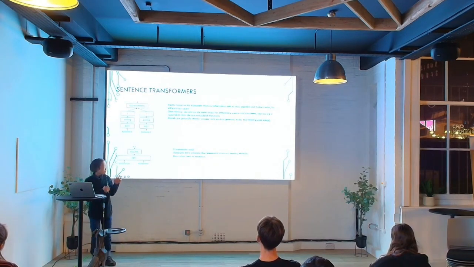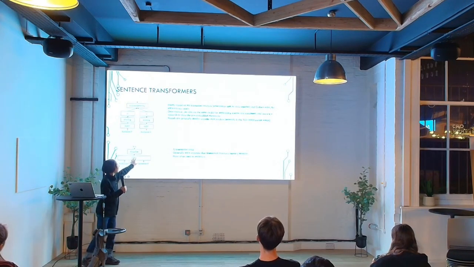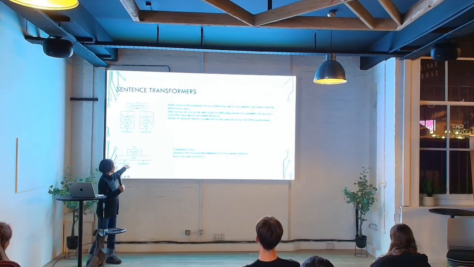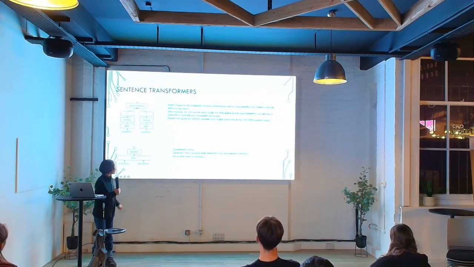For the bottom setup, both of these have to go through the network at the same time. This means that you can't pre-embed anything, and you need to put both the user query and the listing in together. It will give you a score of how well they match.